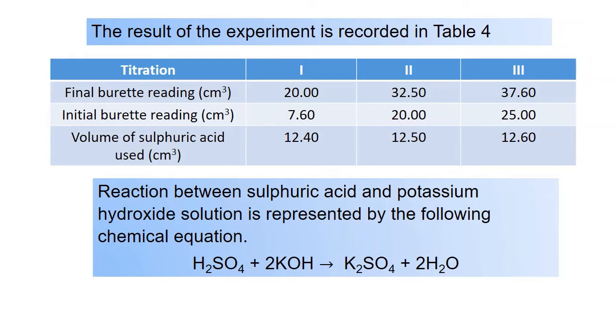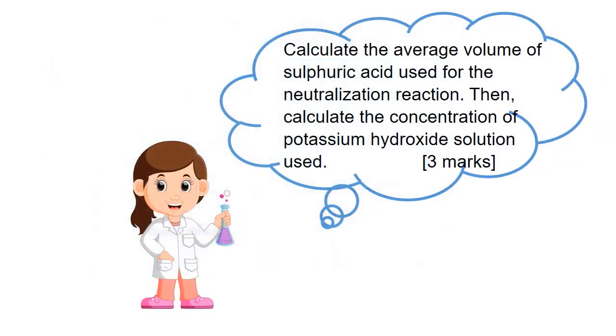The reaction between sulphuric acid and potassium hydroxide solution is represented by the following chemical equation: sulphuric acid H2SO4 reacts with 2 potassium hydroxide KOH to produce potassium sulfate K2SO4 and 2 water H2O. Calculate the average volume of sulphuric acid used for the neutralization reaction. Then, calculate the concentration of potassium hydroxide solution used.